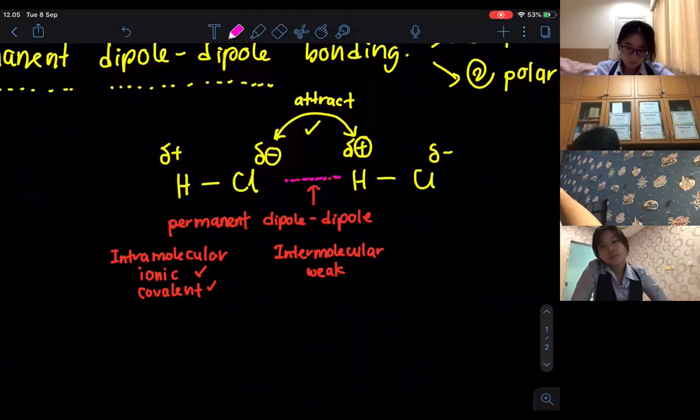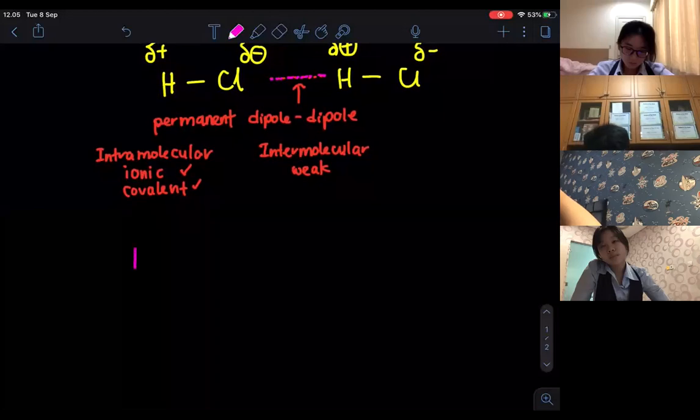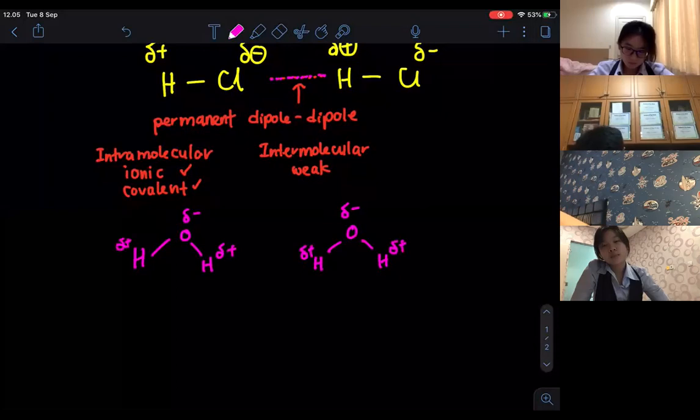I think a lot of people get confused with this. For example, let's look at water, HOH, and then you have HOH. I know this is delta negative, delta positive. The intermolecular bonding will arise from here to here, delta negative and delta positive.